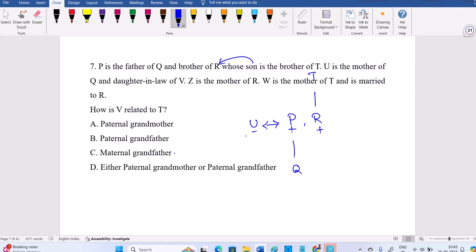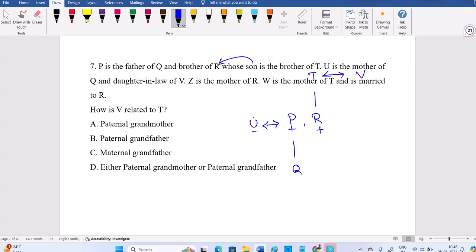And U is daughter-in-law of V, which means T and V are a married couple, because P's parent is T. U is the mother of Q and daughter-in-law of V. Now Z is mother of R. Before that, P is father of Q and brother of R, whose son is the brother of T.